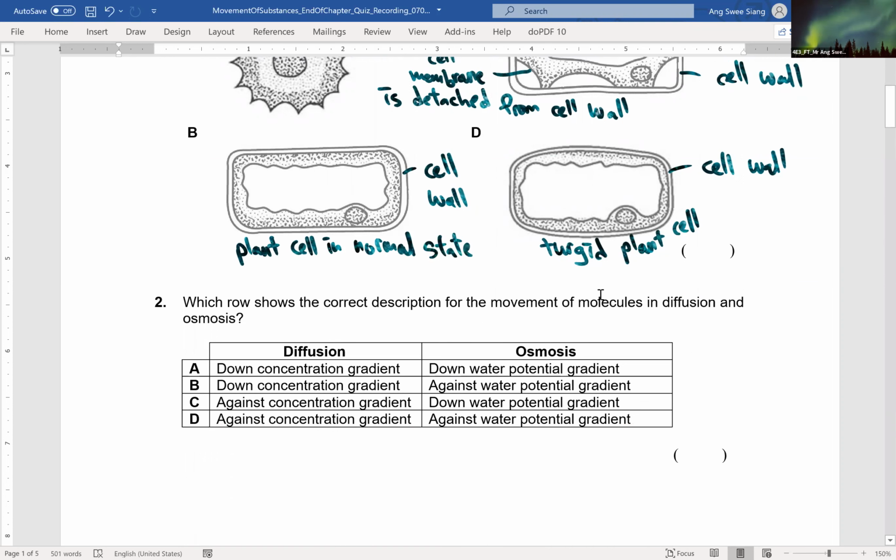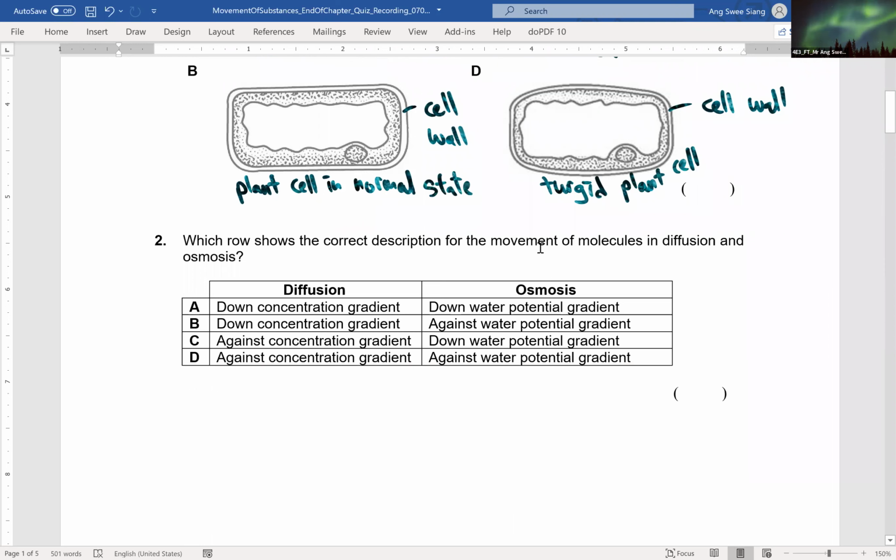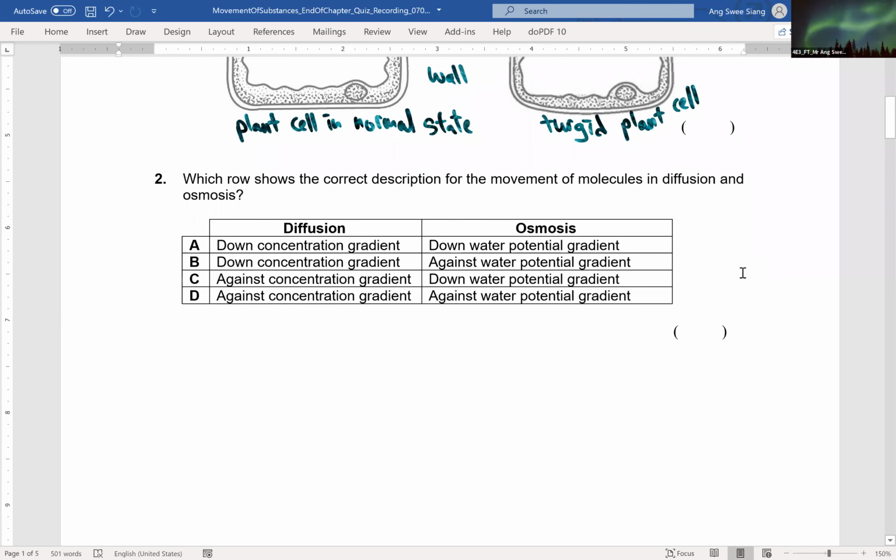Now let's look at question 2. Which row shows the correct description for the movement of molecules in diffusion and osmosis? We know that this question is testing you on whether you can remember the definition of diffusion and osmosis.